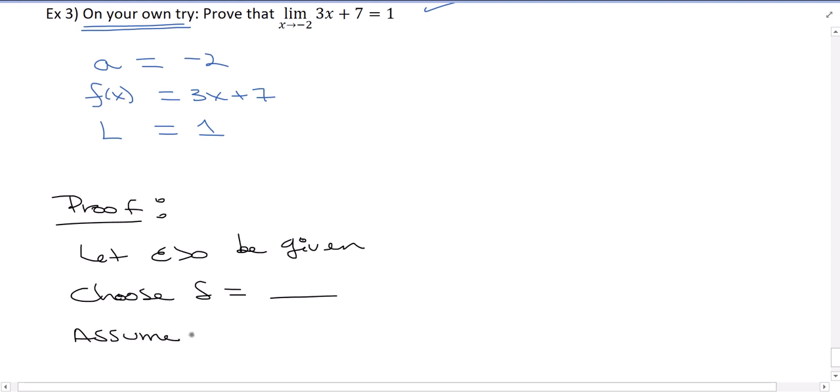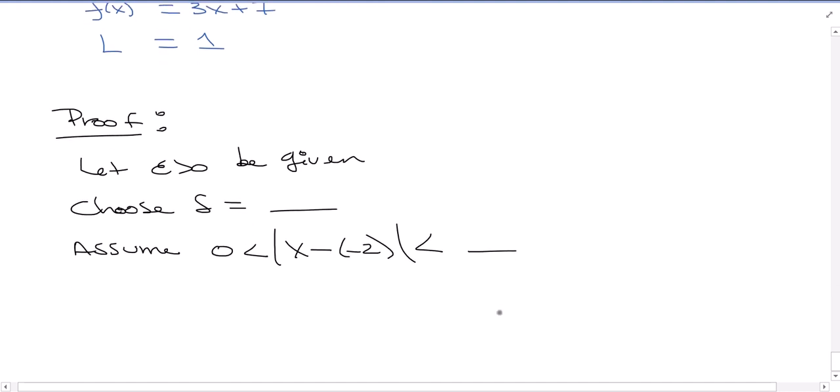So if something is true, then something happens. If the something is true, we're going to assume that it is true. So assume that the distance between x and a, so x minus negative 2, is less than whatever our delta becomes. So that means this is the absolute value of x plus 2 less than whatever our delta.